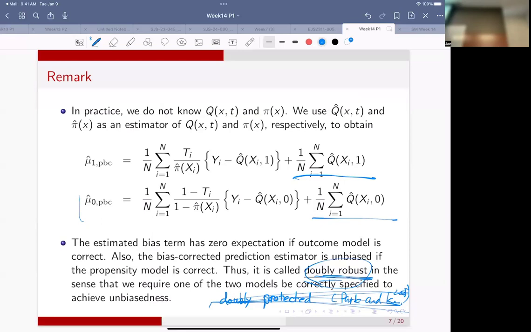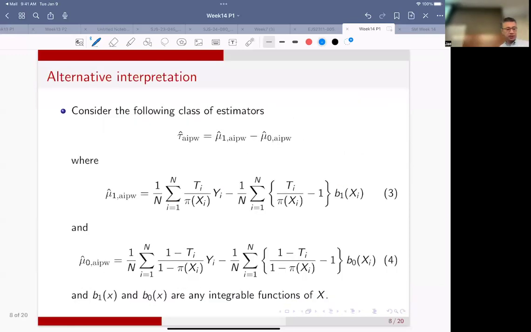So this is the bias corrected prediction estimator. So that's one interpretation. So here's another interpretation. Okay, so another interpretation is this.